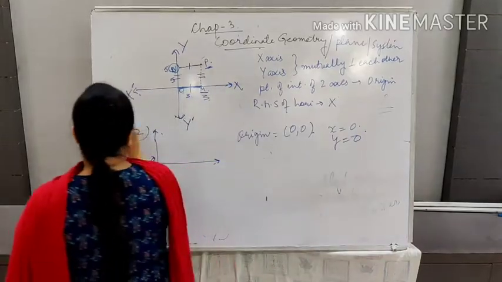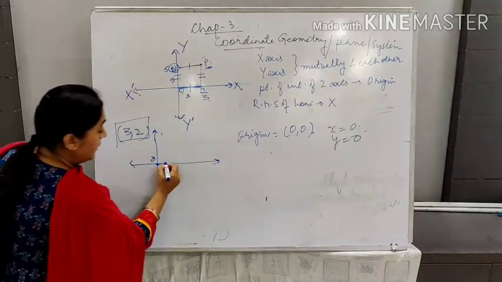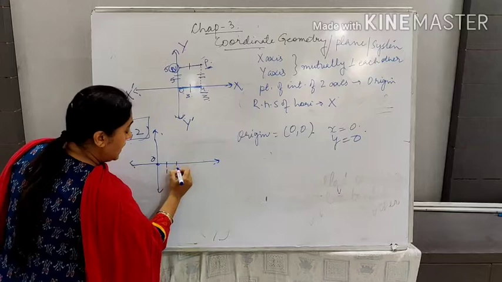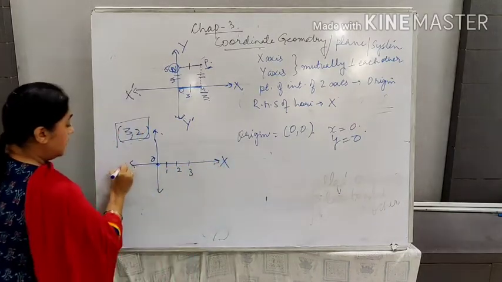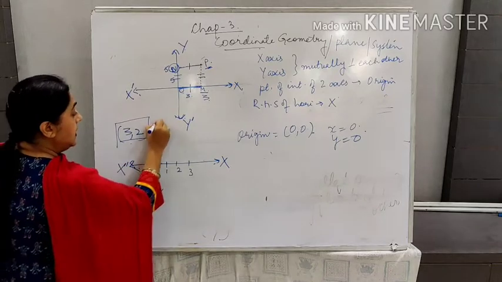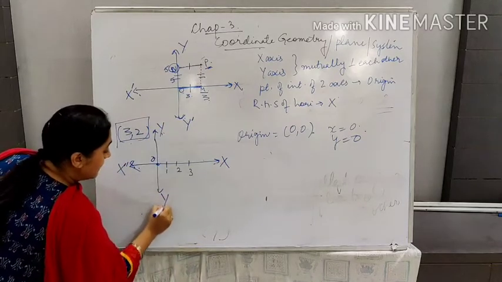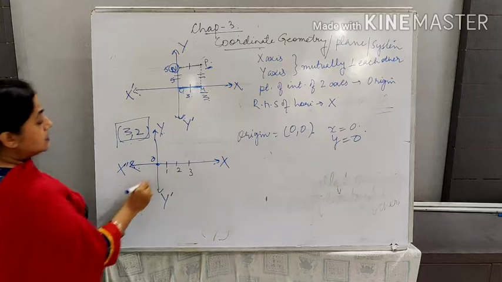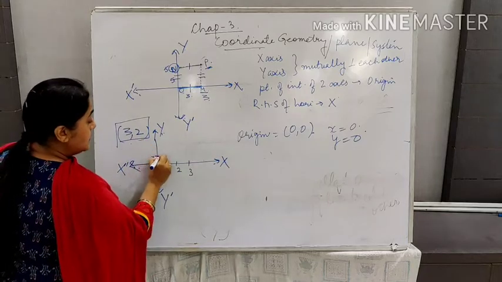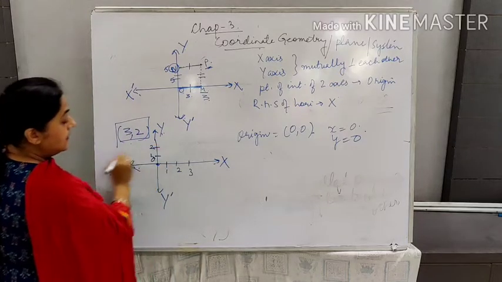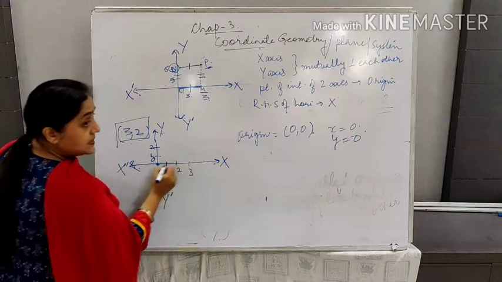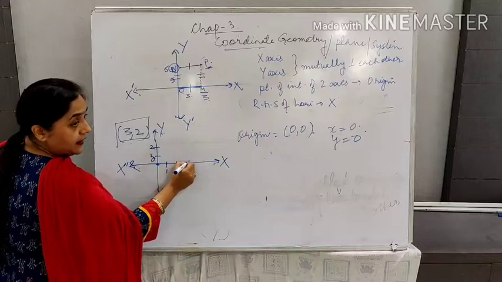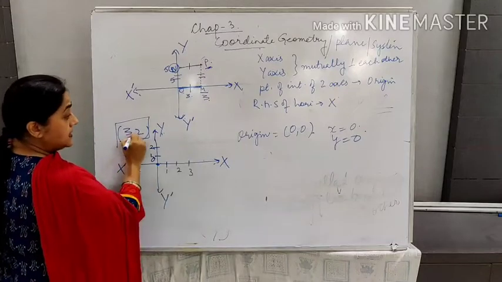When I want to locate the point (3, 2), what will I do? Here it is 1, here it is 2, here it is 3. Do not forget to mention the positive axis and the negative axis. So 2 means the point on the y-axis, right? If I am writing (3, 2), please check it out here. 3 here, x is 3.